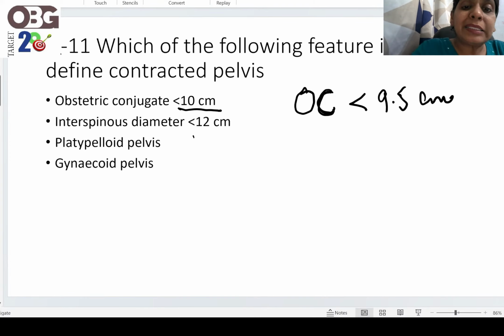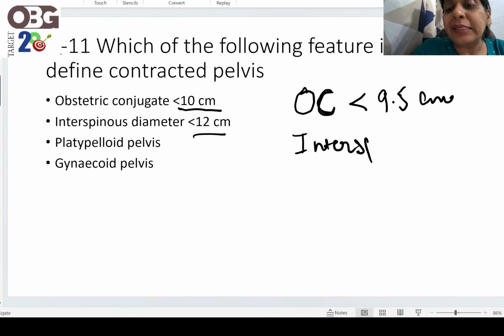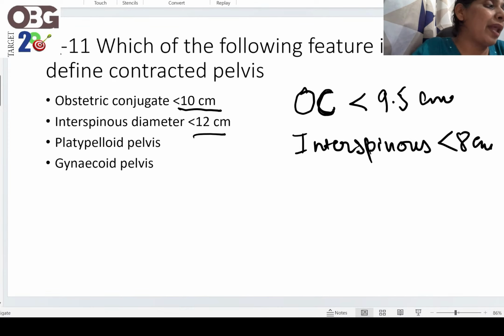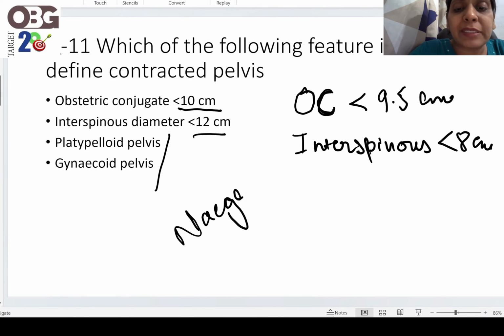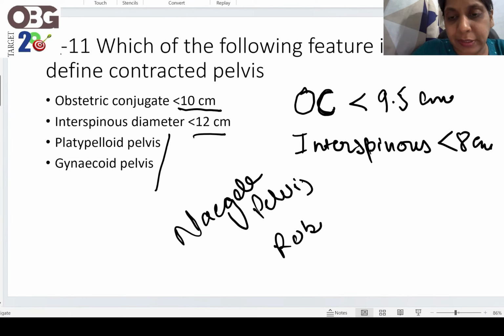And if the interspinous diameter is less than 8 centimeter, then the pelvis is a contracted pelvis. Platypelloid pelvis and gynecoid pelvis are not contracted pelvis. The contracted pelvises are Naegele's pelvis and Robert pelvis.